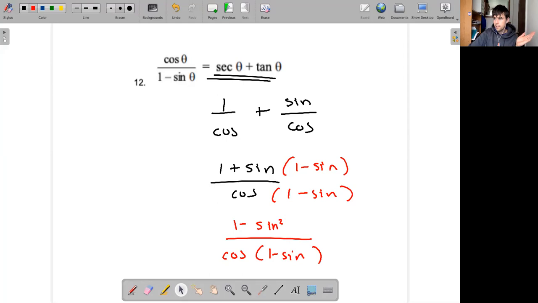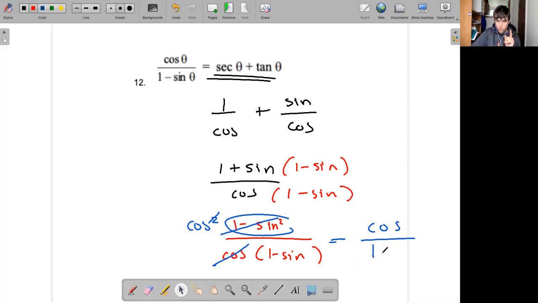And yeah, I think I can see it now. So we already said this simply equals cosine squared. So now we have a cosine on the bottom that cancels with one of these. So now we have cosine on top, which is what we wanted, and only 1 minus sine left on the bottom, which again is what we wanted.